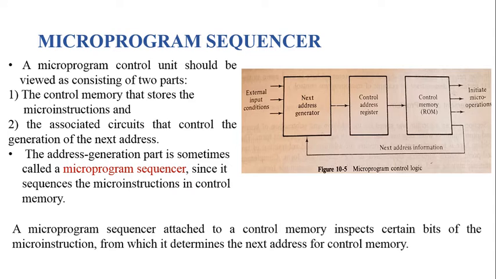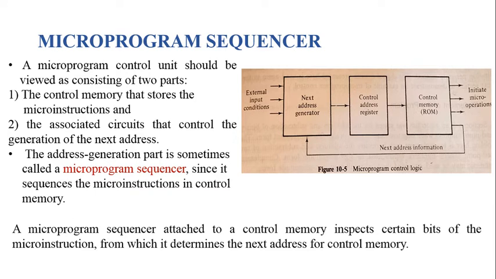How does it perform the sequencing? It performs sequencing by considering certain bits of information from each of the micro instructions present in the control memory. Certain sets of bits from each micro instruction indicate the address part associated with that micro instruction.